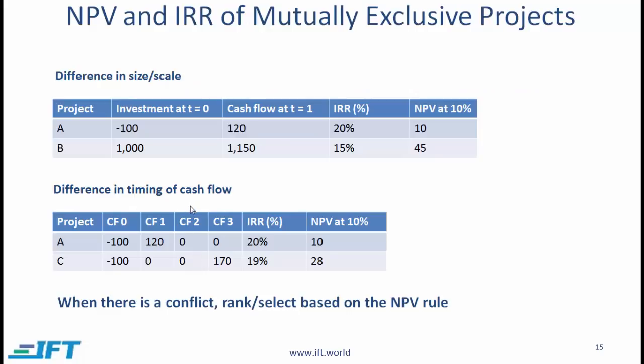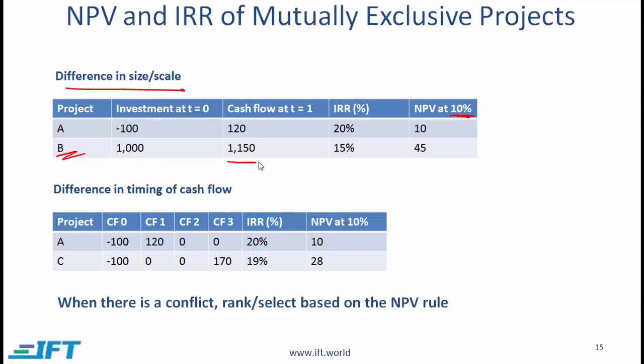Let's look at some simple examples. First, related to difference in size. You have two projects, A and B. With project A, the investment is 100 at time 0. At time 1, you get back 120. So clearly the IRR is 20% and the NPV, assuming a cost of capital of 10%, is 10. B is a much bigger project, so larger size, 10 times larger.